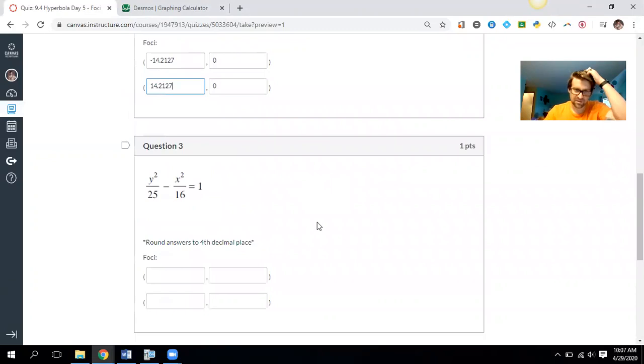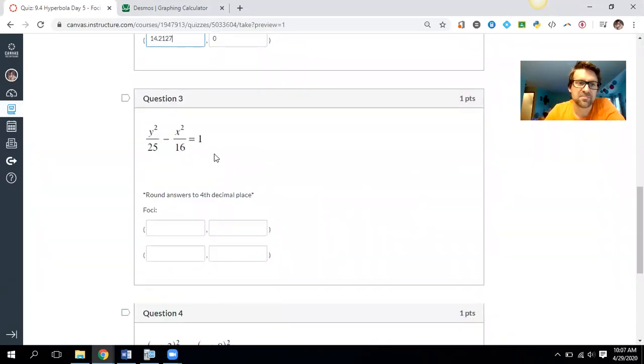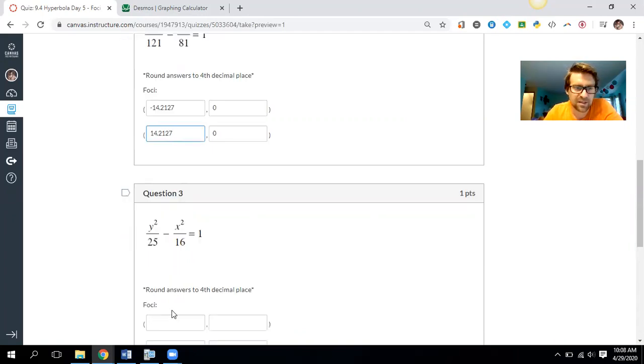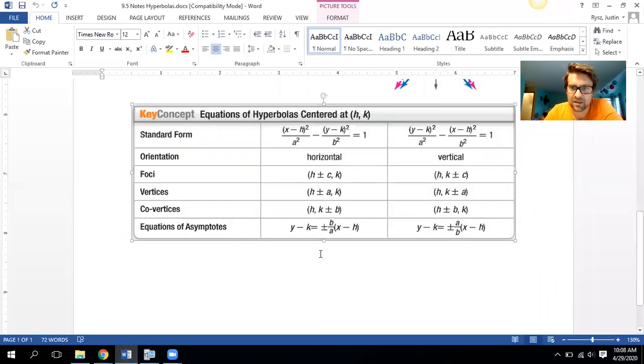All right, 2 more to go. Okay, so this next problem here, if we look between how it compares to the last 2 problems, the only thing different is that it starts out with y equals, or the y. So that means our formula is going to be a little bit different. We're going to have h, which is the number next to the x, start out, and then we're going to have the different numbers at the end.